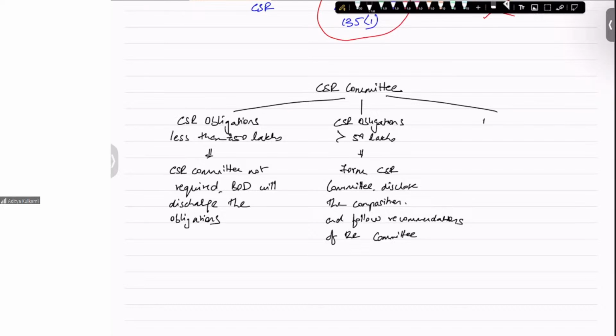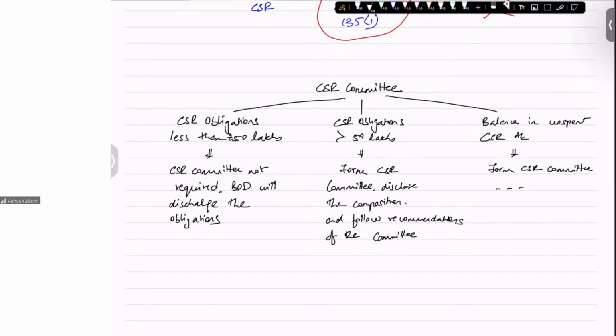And if there is a balance in the unspent CSR account, then also form a CSR committee. All the things remain the same.